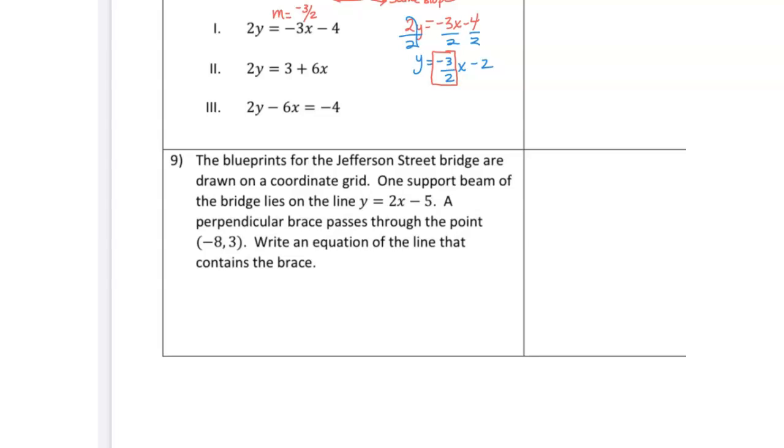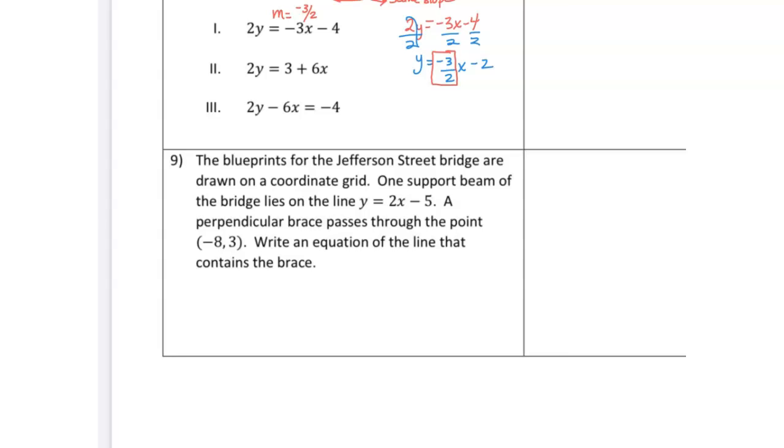For number 9, you have the blueprints of the Jefferson Street Bridge drawn on a coordinate grid. One support beam of the bridge lies on the line y equals 2x minus 5. A perpendicular brace passes through the point negative 8, 3. Write an equation of the line that contains the brace. So this is a word problem for writing our equations in slope-intercept form.